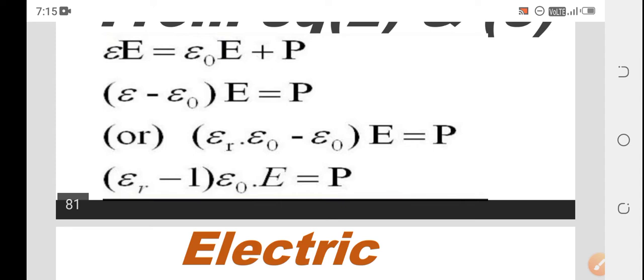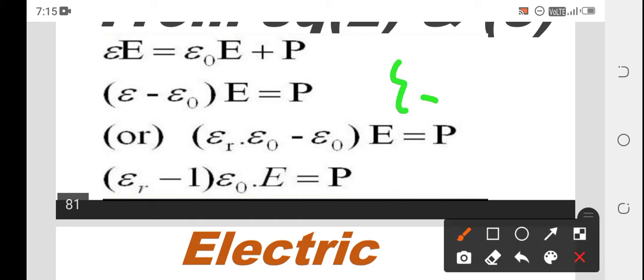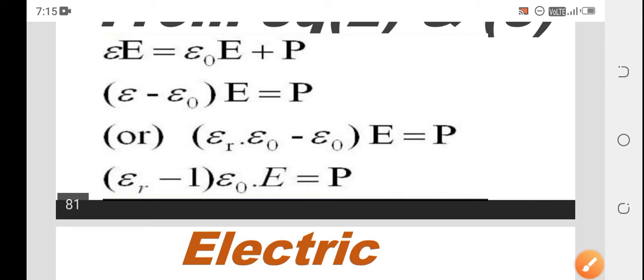So we can write epsilon r into epsilon naught minus epsilon naught, into E, equal to P, where epsilon r is nothing but epsilon by epsilon naught.